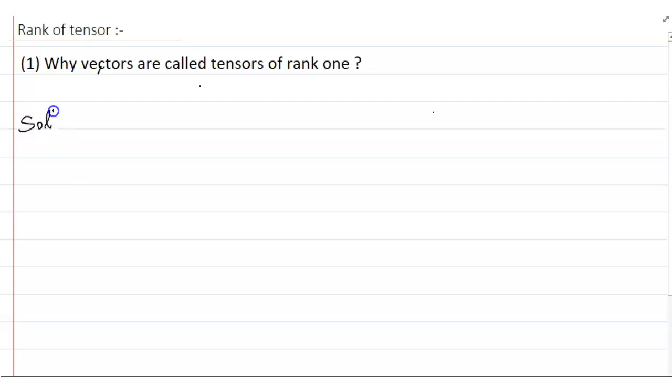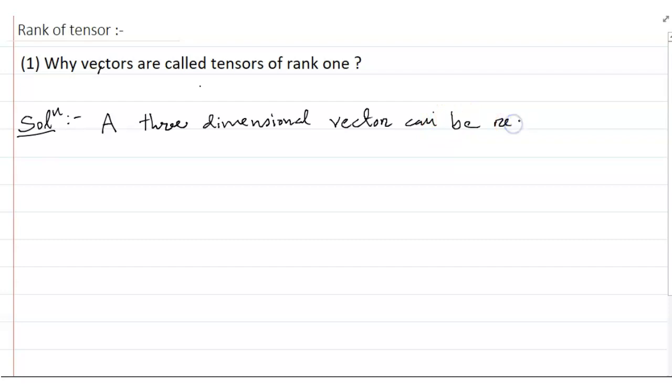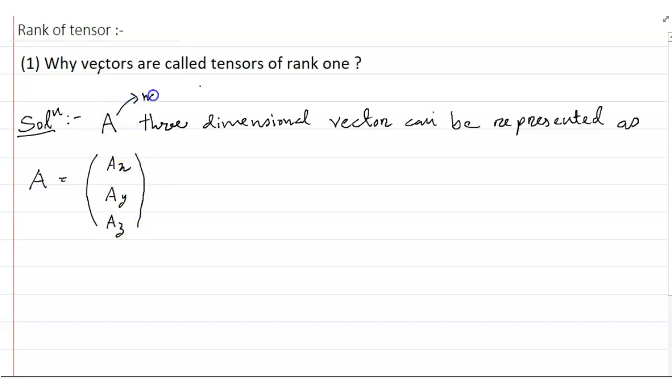So let's start to discuss. A three-dimensional vector can be represented as A equals Ax, Ay, and Az. Friends, this A is a matrix. Must remember, this is a matrix.